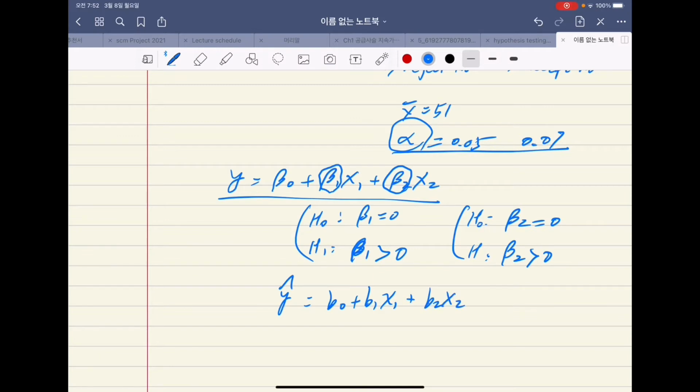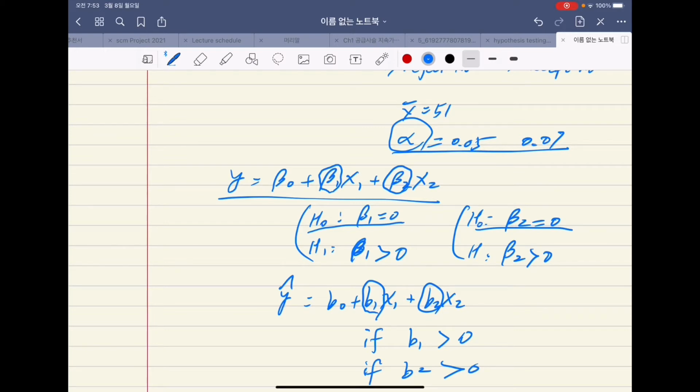Now you want to check: if b1 turns out to be positive, then you reject this one, and if b2 turns out to be positive, you reject this one, right? This type of thing is called inferential statistics.